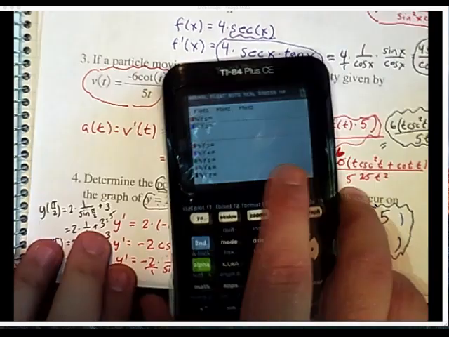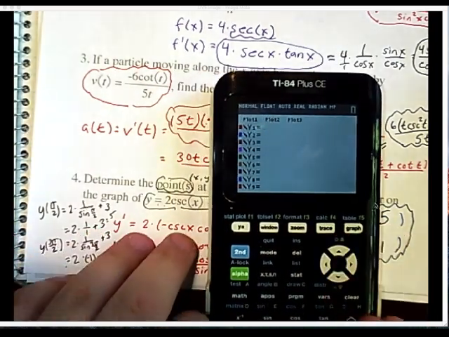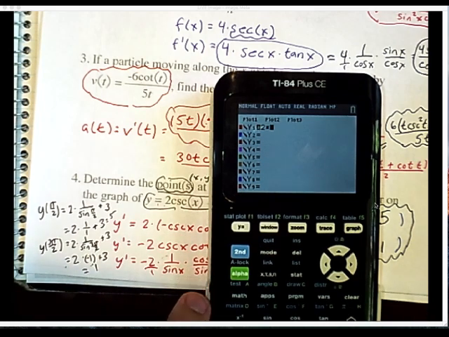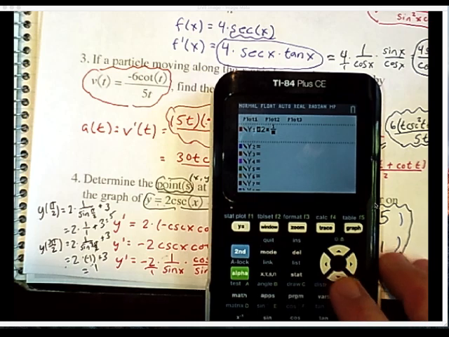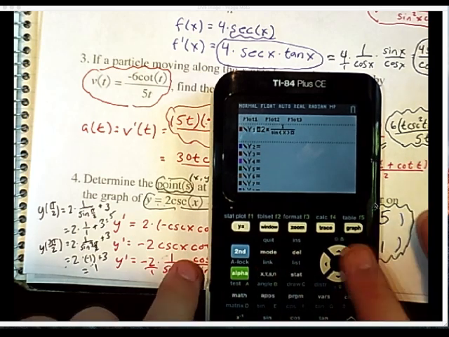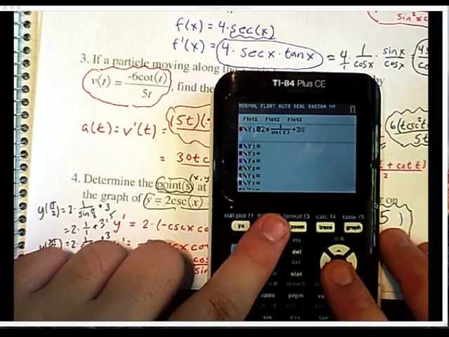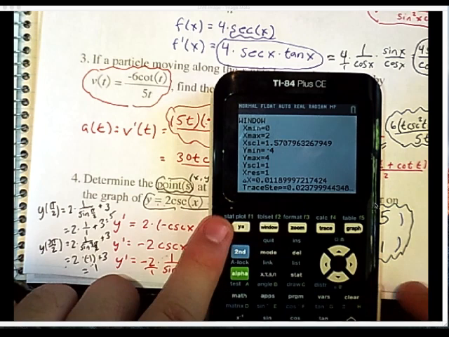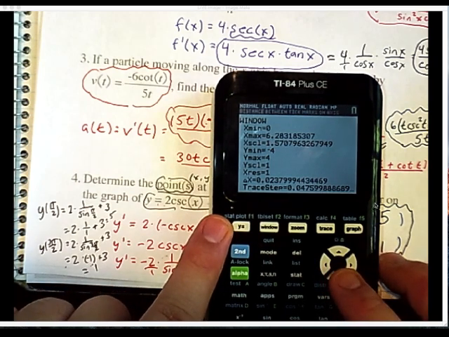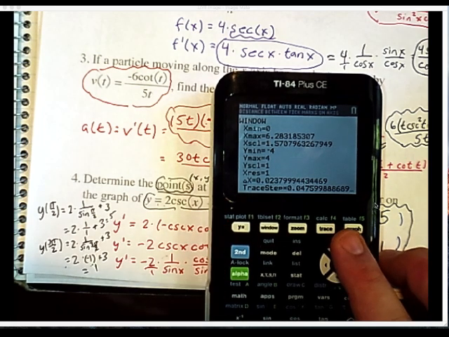Okay, so let's go ahead and type in the original graph. So 2 cosecant, so how do I do cosecant? I do 1 over sine plus 3. Now before I hit graph, I only care about this graph from 0 to 2 pi. Maybe we just scale by 1.